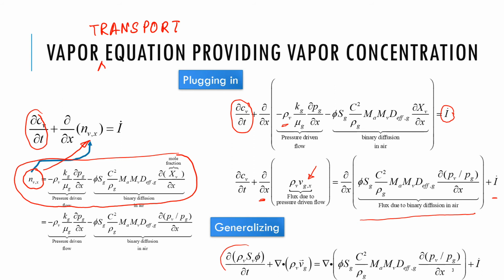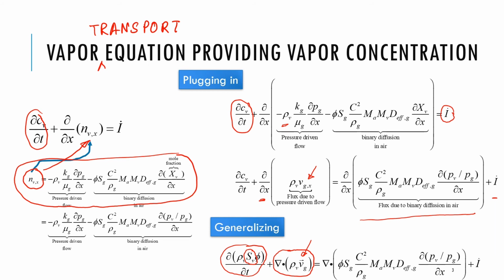Again, I want you to see that this is the storage term that has SV in it for the vapor saturation. So we're really solving this equation for this vapor saturation. This is the convective term, and that has the gas velocity. So the velocity that we have is for gas, meaning vapor and air together.